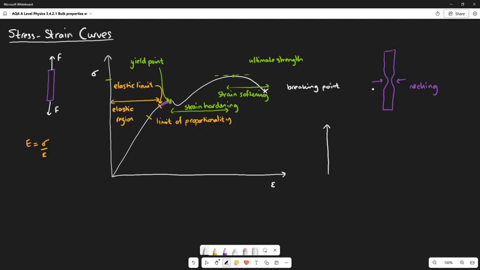Different materials have differently sized elastic and plastic regions. Brittle materials don't have a plastic region, and they will break after deforming elastically only. Some materials have a very short elastic region and then deform plastically.